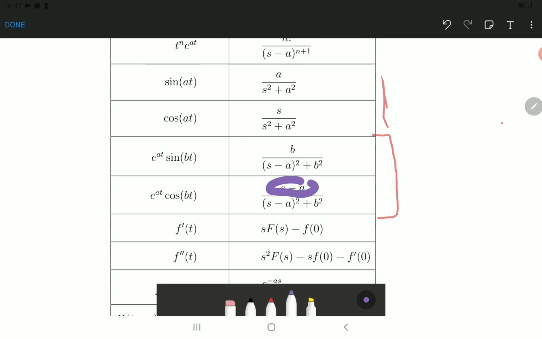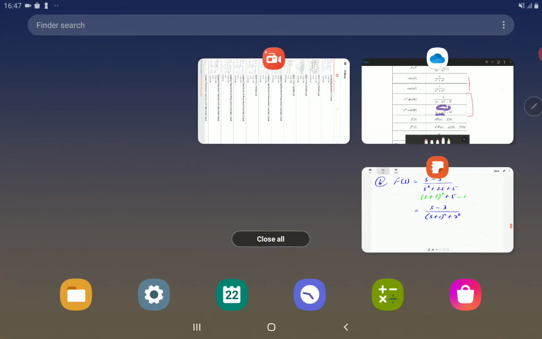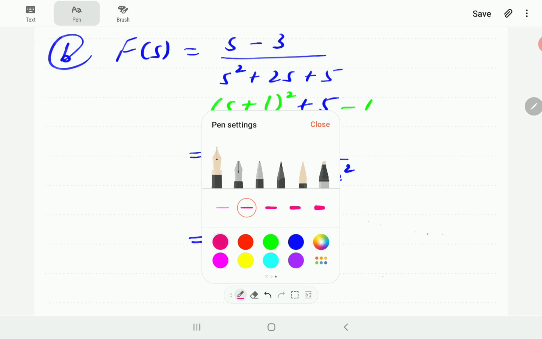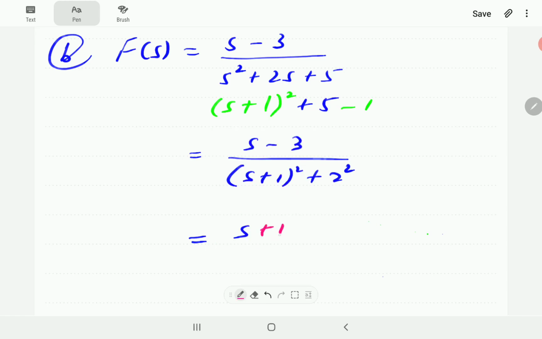So here we have got s minus a there. We've got s plus 1, so we need s plus 1 there. So that's exactly what we're going to do. We don't have s plus 1 right now, but we can insert plus 1 here, then of course we need minus 1.